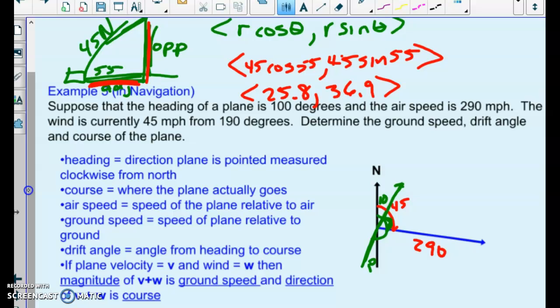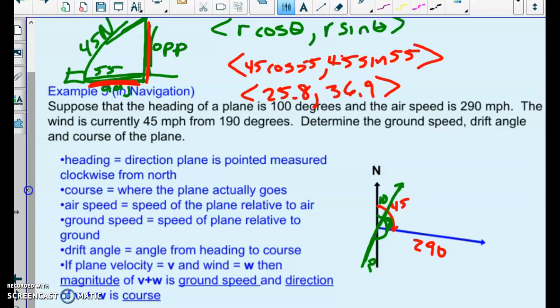The ground speed is the speed the plane is relative to the ground. Drift is the angle from the heading to the course. And if the plane velocity and wind are added together, the magnitude is ground speed and the direction is course. So let's see if we can find a few of these things.